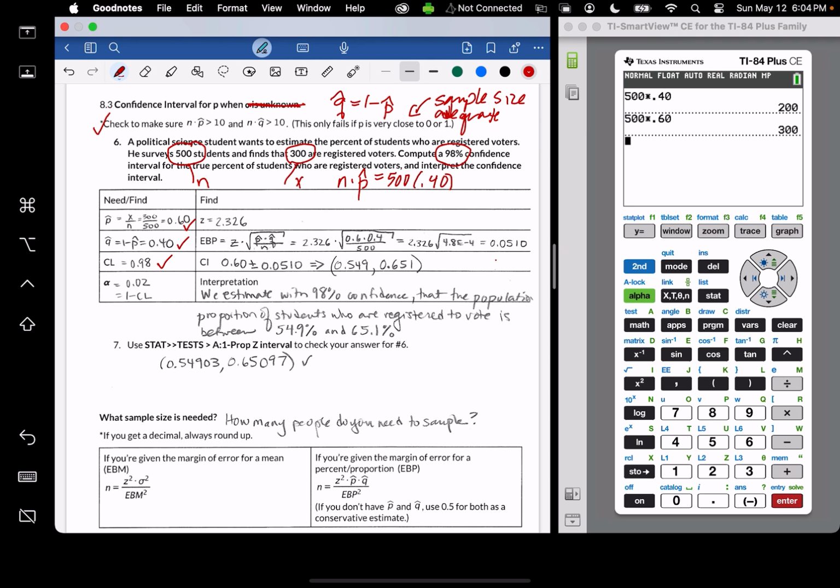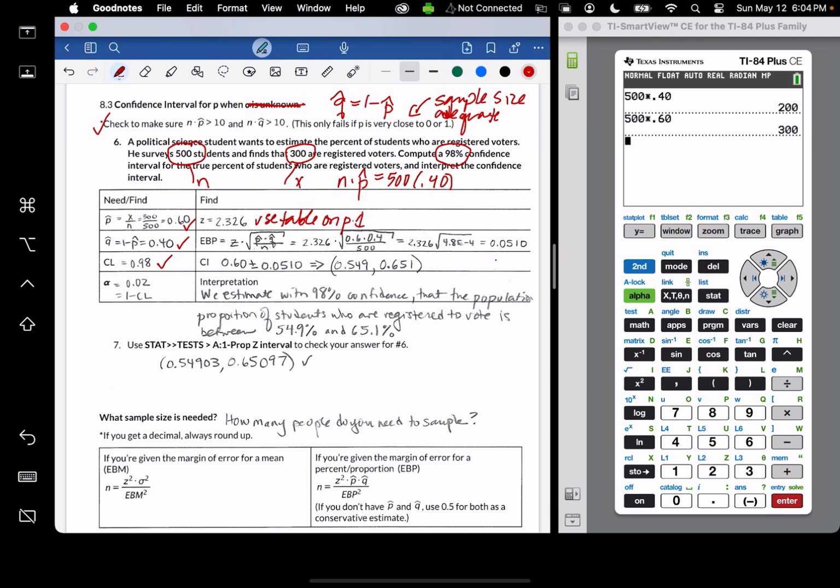What about alpha? Alpha is 0.02. It is 1 minus the confidence level. I don't think we really know that, especially since we're going to be using the table from page 1 to get our z-score.